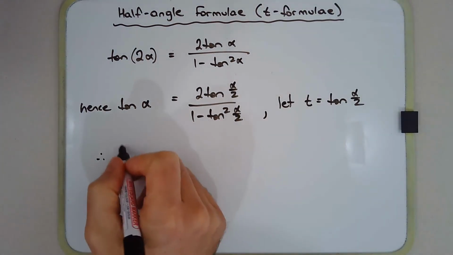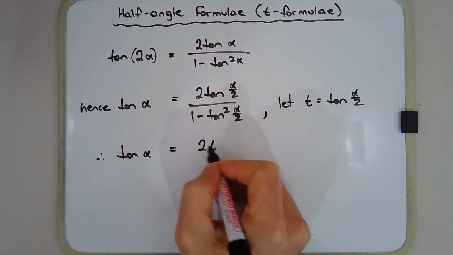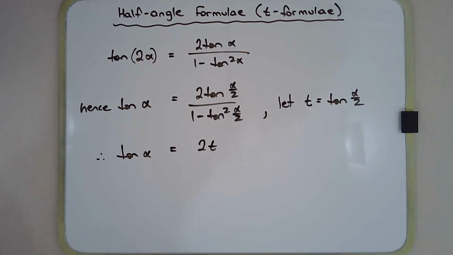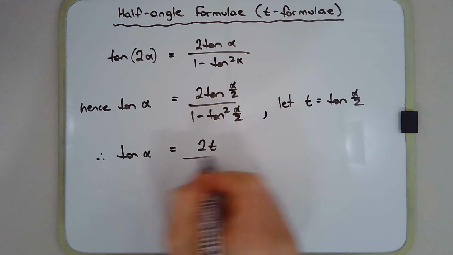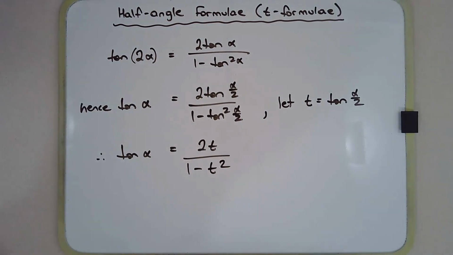Therefore, tan of alpha is equal to 2t over 1 minus t squared, since t is just tan alpha on 2, we can substitute t for tan alpha on 2. So that's the first of the 3 half angle formulae.